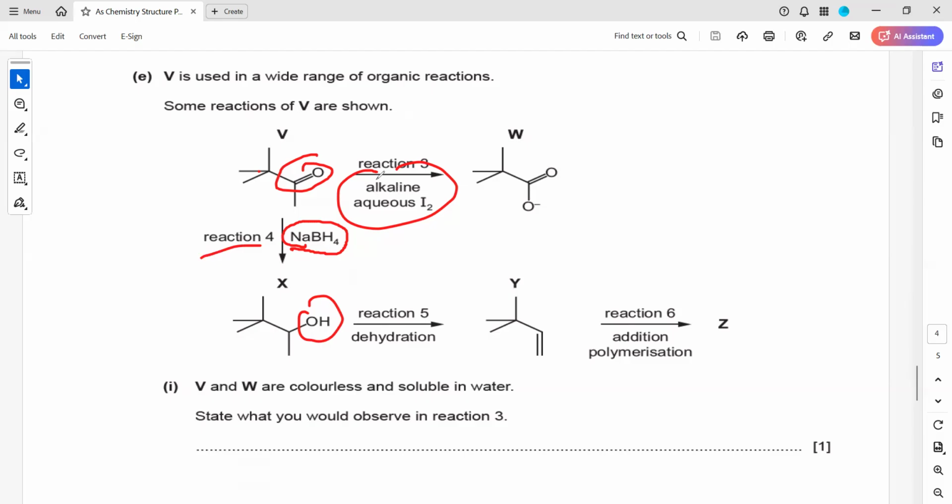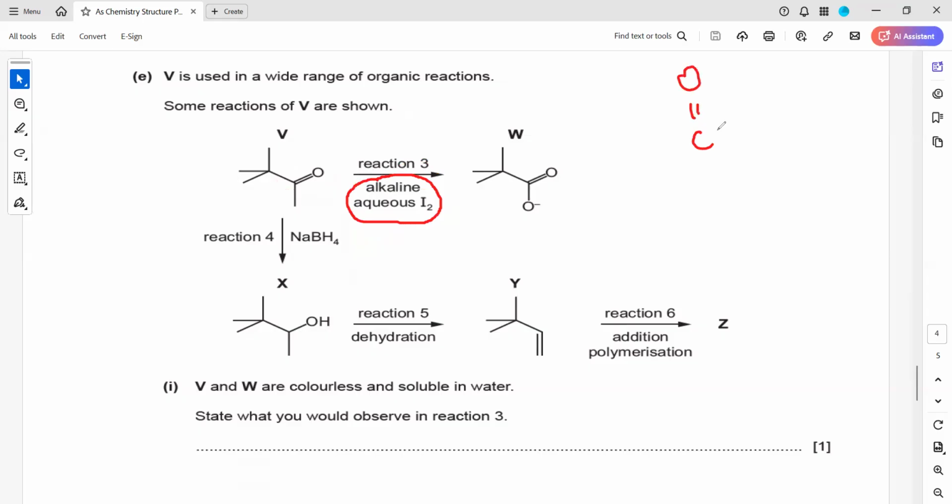And what is reaction 3? Reaction 3 is actually a test to check for a methyl group next to a carbonyl group. If any compound contains C=O and next to that is a methyl group, this will always be a positive result. This is called the iodoform reaction, when we use an alkali like sodium hydroxide and iodine.